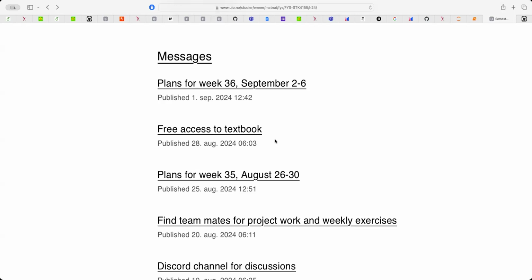So we will then get started with the project work. At the same time, the exercises you are having this week align with project number 1. So doing the exercises is also very relevant for project number 1, and you can reuse everything you do in the exercises in connection with the project.